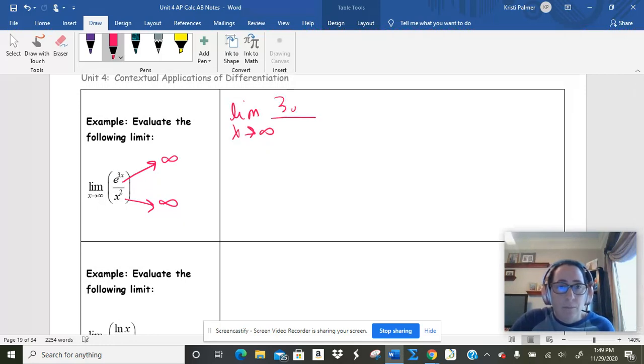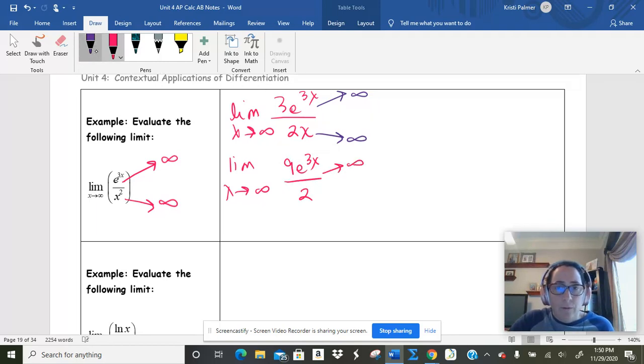Derivative on top, derivative on bottom. This goes to infinity, this goes to infinity. L'Hopital again: derivative on top, derivative on bottom. This goes to infinity, this is still 2.